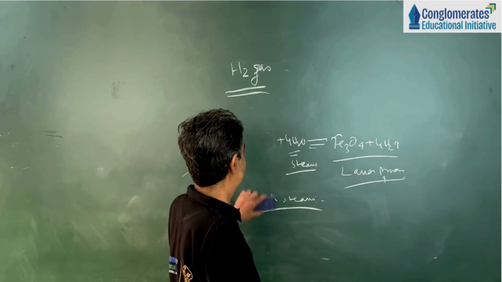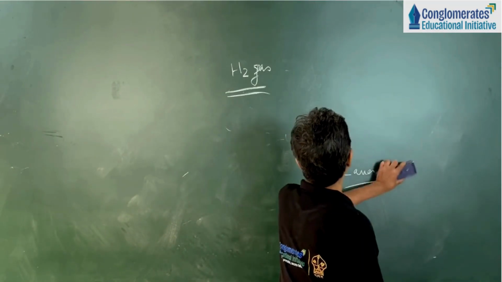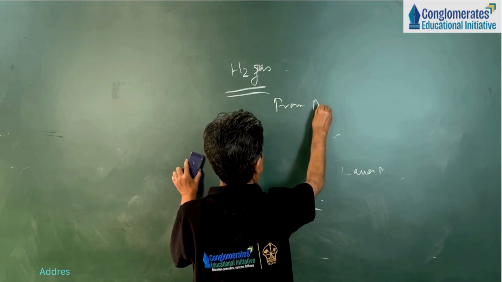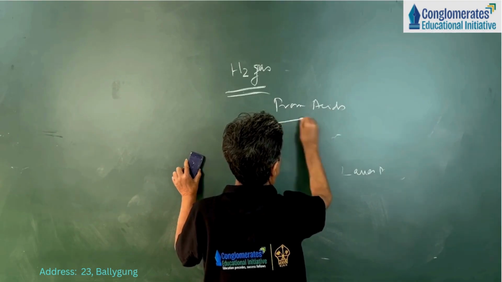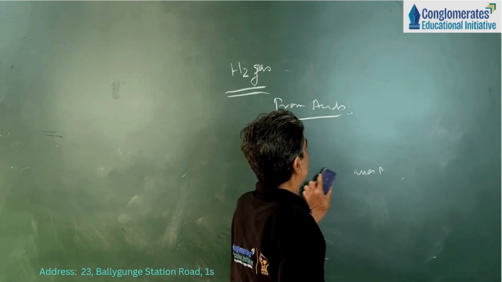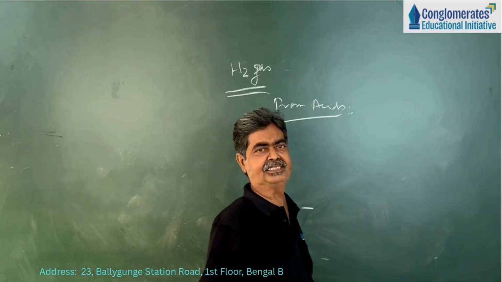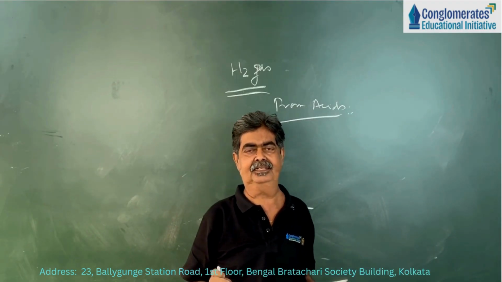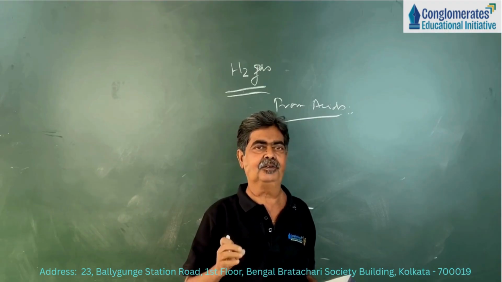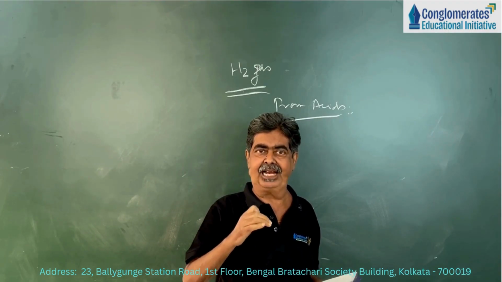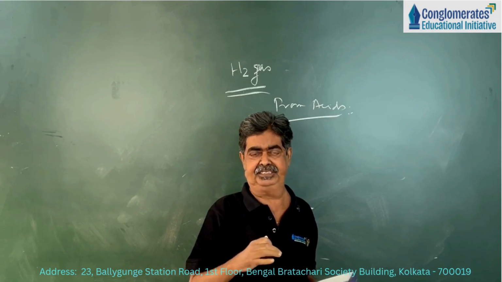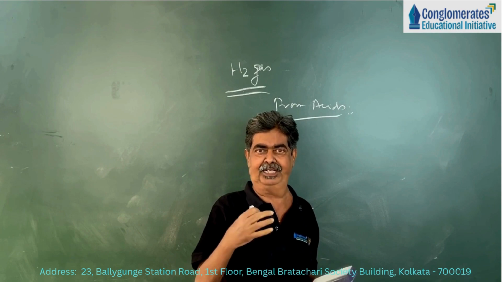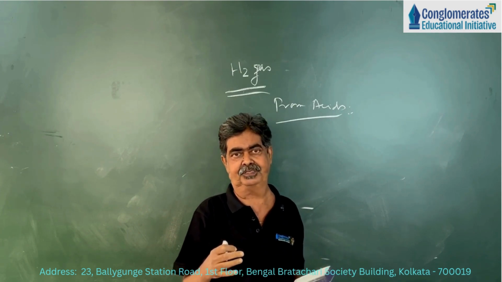Next part, from acid. Now we know that there are three kinds of acids: hydrochloric acid, sulfuric acid, and nitric acid. Metals which are above hydrogen in the electrochemical series combine with dilute acids to evolve hydrogen gas with the formation of the respective salts.